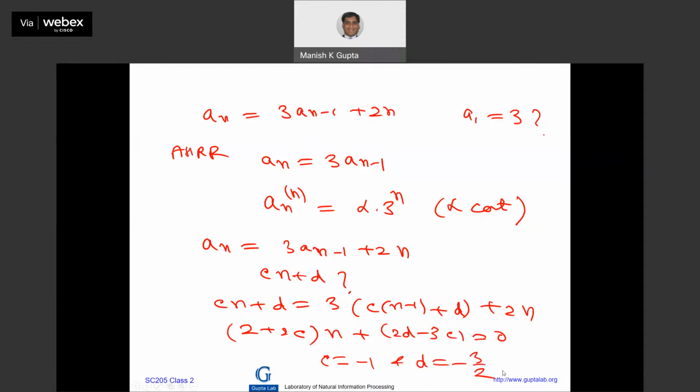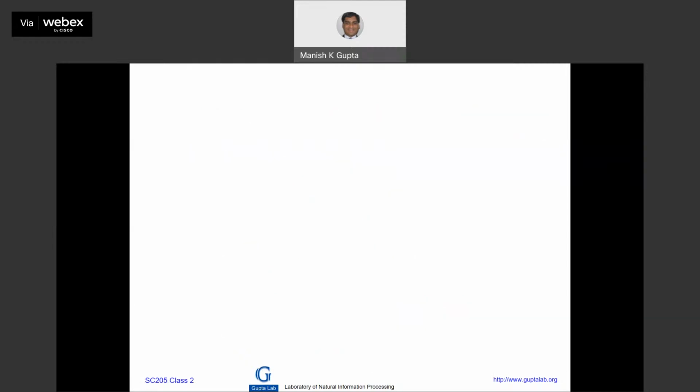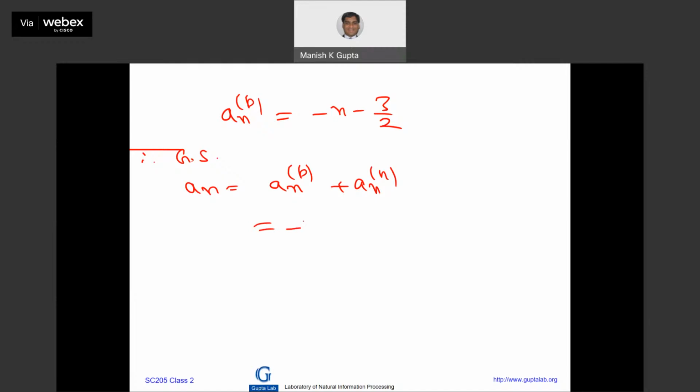So by this trial business, we found that the particular solution is -n - 3/2. Therefore, the general solution is a_n = particular solution plus homogeneous solution = -n - 3/2 + alpha times 3 raised to n. Got it? So something very simple.